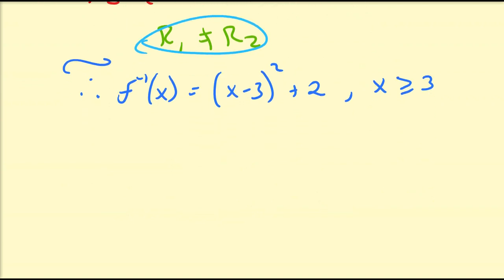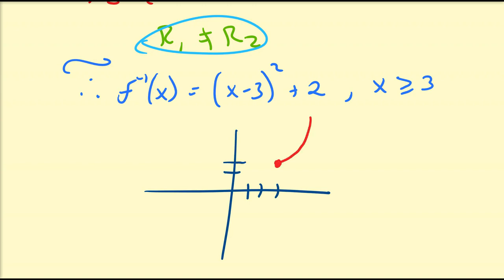So you remember how to graph this. This is just going to be a parabola shifted to the right 3 and up 2, and this is only going to be the right-hand side. Okay? So if we were to graph the inverse of the inverse, which is just the original function, we're going to go to the right 2 and up 3, and we're going to have this. So this is f.